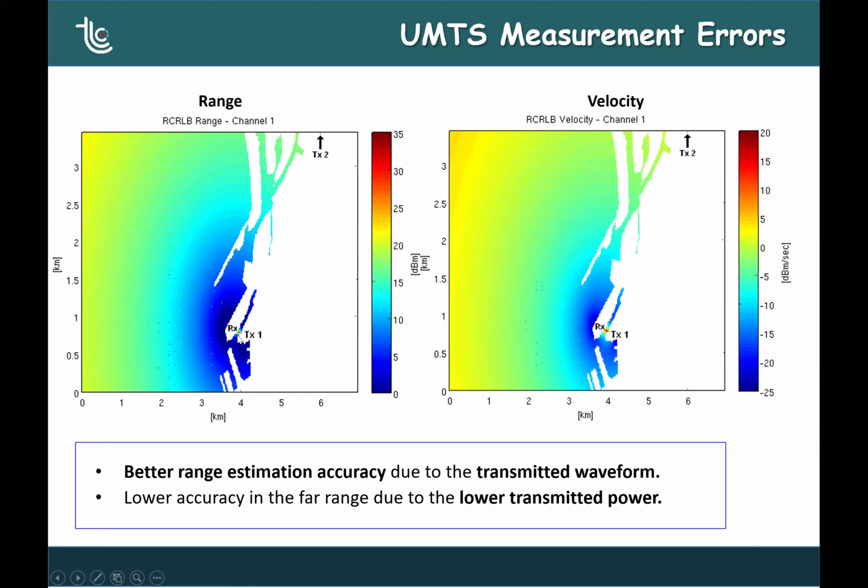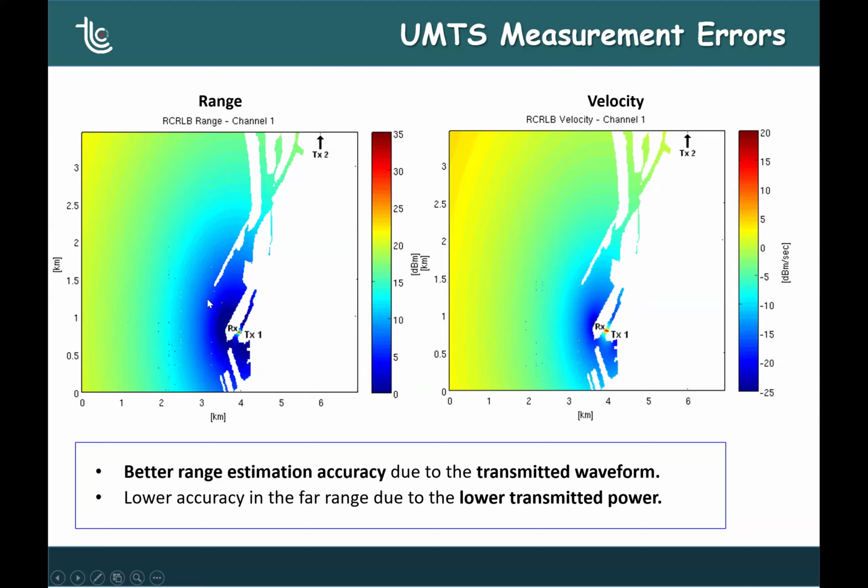It is exactly the area close to the baseline, so the line that is between the receiver and the transmitter. That is bad geometry, so when the target crosses the baseline, the resolution in range and in velocity gets quite bad, okay? So we should avoid using the UMTS measurement when we are in that area.